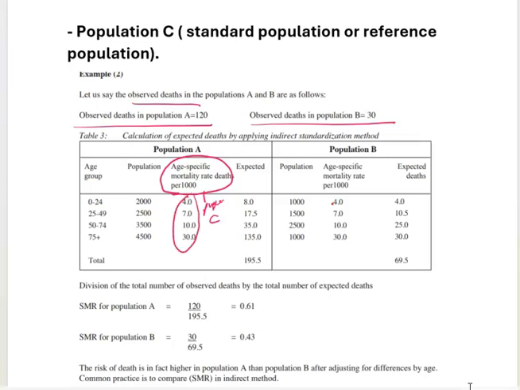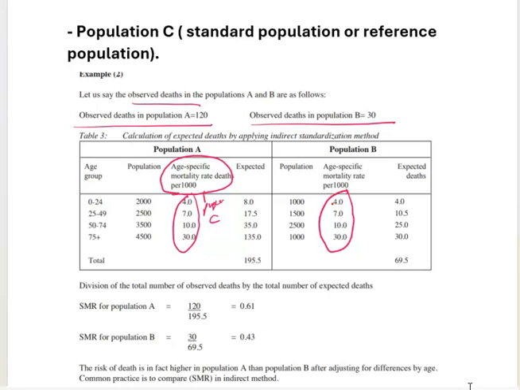So to calculate the expected rate, we have to have number of population per subgroup, and then we multiply the number of people per subgroup with the age-specific mortality rate, which is taken from the standard population C. I would like to give you some calculation here so that you understand better.